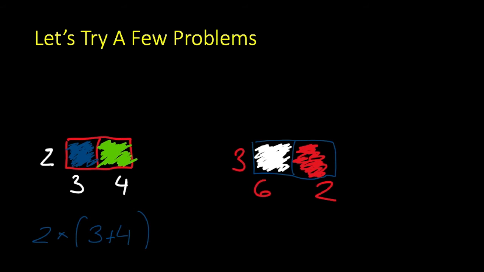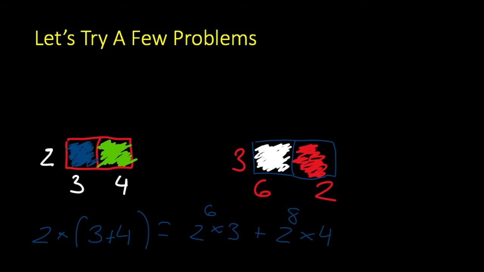So then how we can solve this is we can do 2 times 3 plus 2 times 4. So first we're going to do 2 times 3, which equals 6, and 2 times 4, which equals 8.